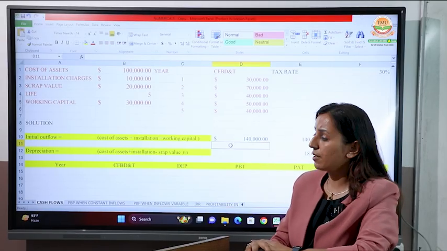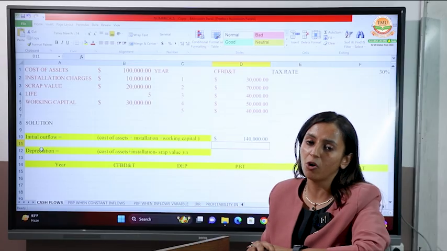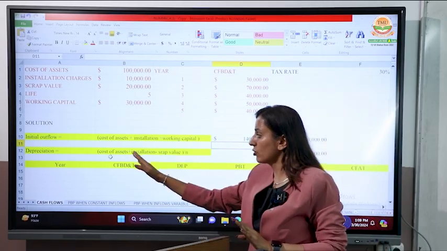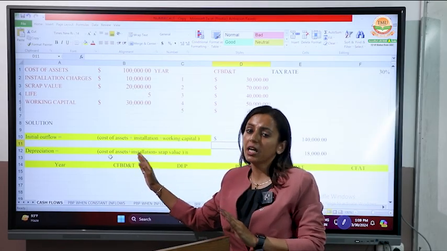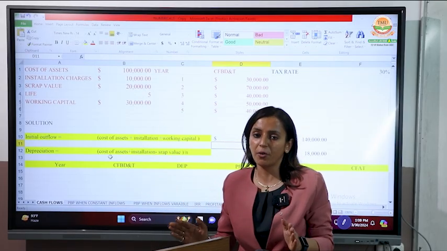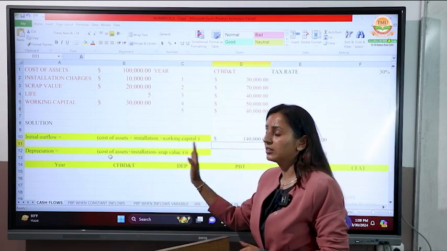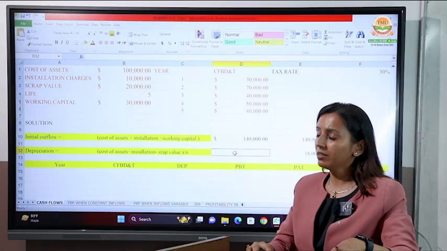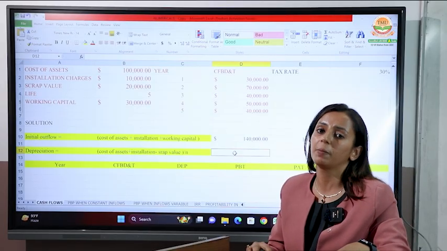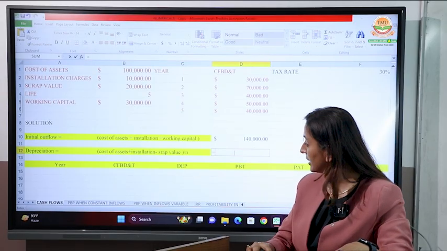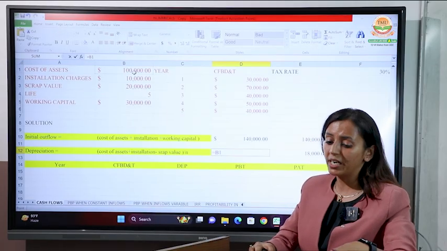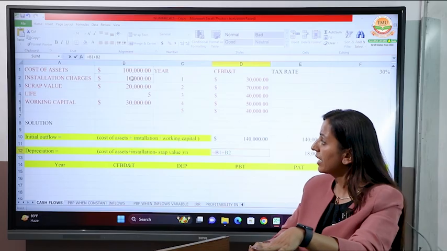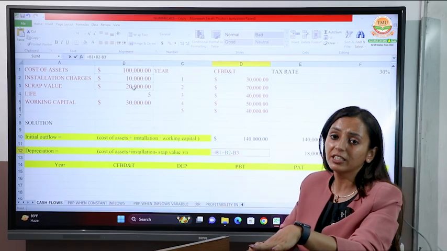Got it? Now the second point is to calculate the depreciation on the cost of assets. The depreciation is calculated with the formula: cost of assets plus installation charges, minus the scrap value, and then divide that amount by the life of the assets. Whenever we start a formula, we start with equals. So equals the cost of asset, 1 lakh, plus installation charges of 10,000, minus the scrap value of 20,000.